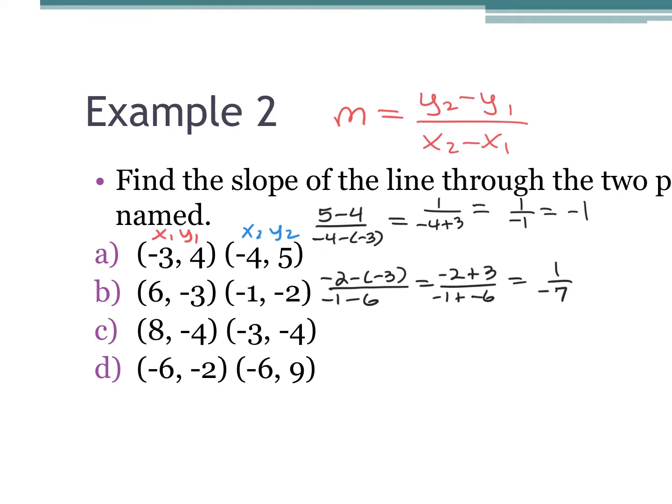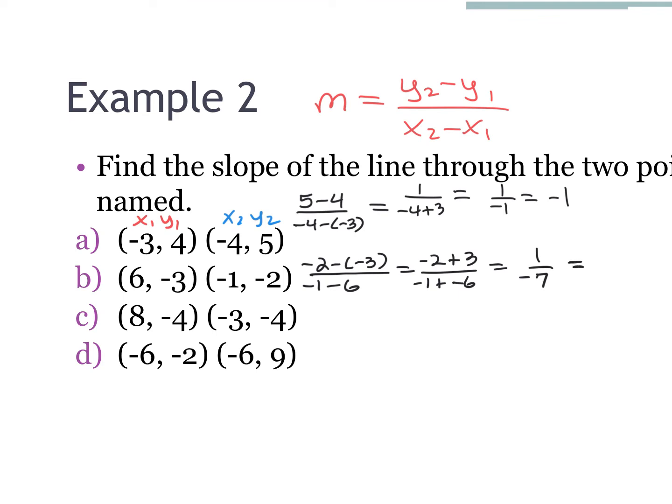Now, you can either leave the negative 1 in the bottom, or you can pull it out front of the entire fraction. Remember, after you do the slope formula, if you end up with only one negative sign, it is a negative slope. But if I would have subtracted and I got a negative in the numerator and a negative in the denominator, then it would have been positive, because negative divided by a negative is a positive.